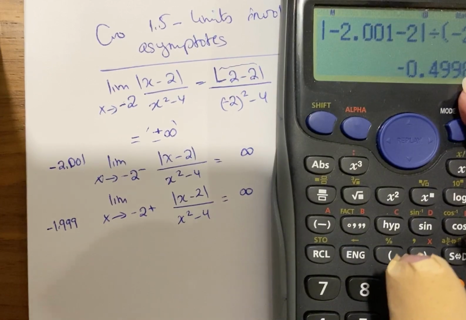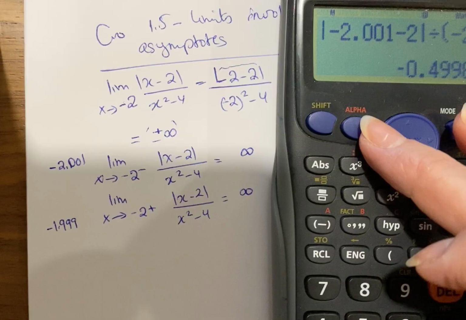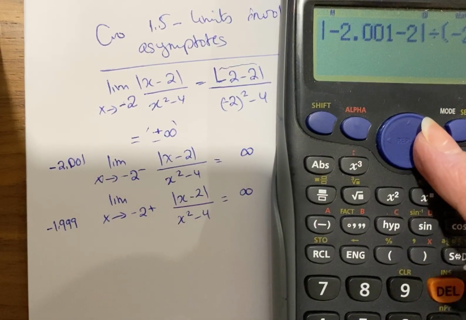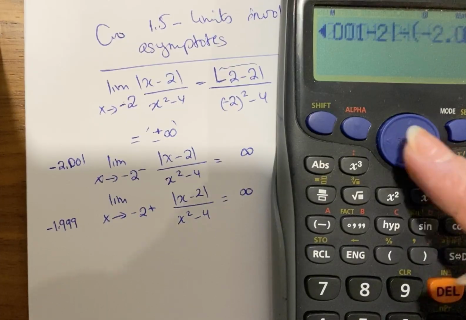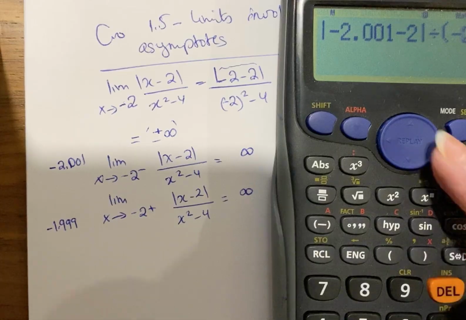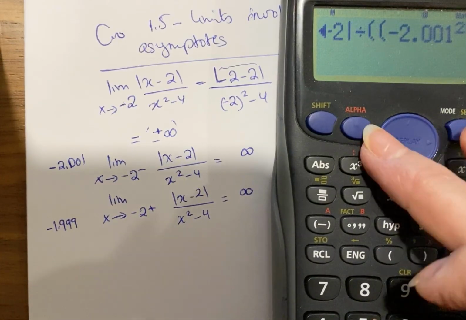What is the answer? Minus 2 squared here. See, I forgot a bracket. See, this is all squared, so I forgot to put a bracket. See how it makes a big problem?